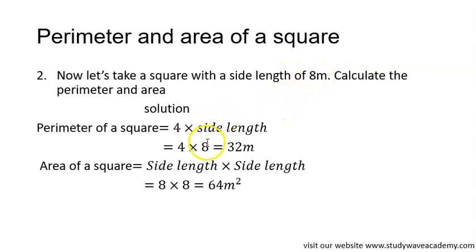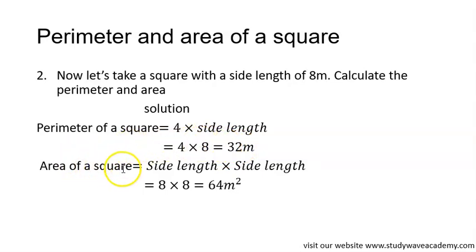So we are going to input 8. So 4 times 8. 4 times 8 is going to give us 32. So we have 32 meters. The perimeter of a square that the side length is 8 meters, the perimeter is 32 meters, okay?